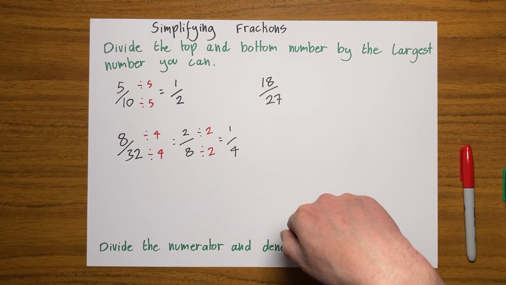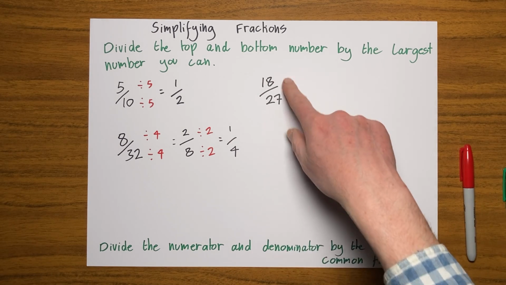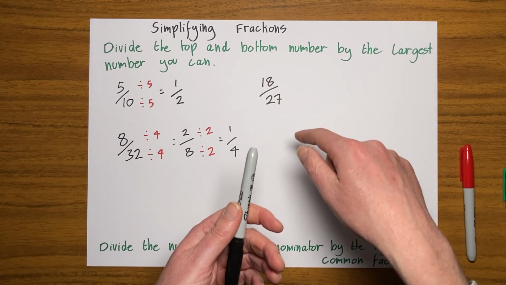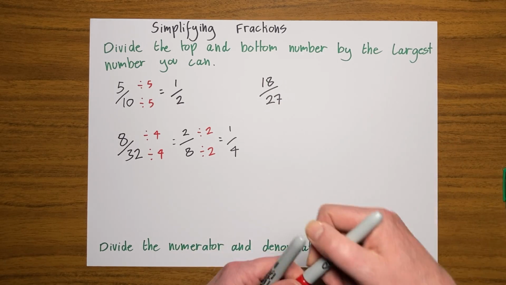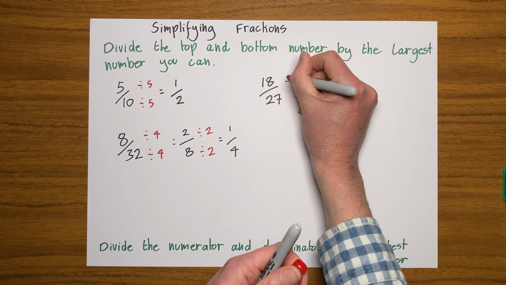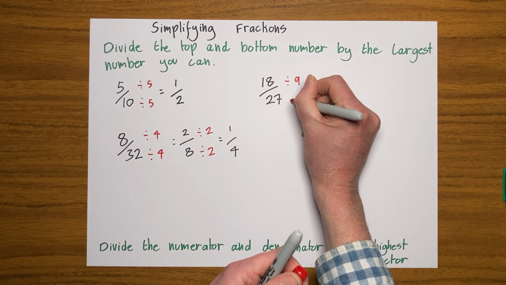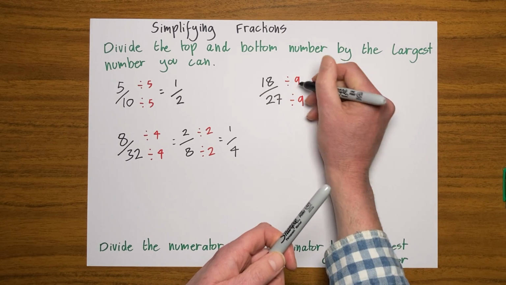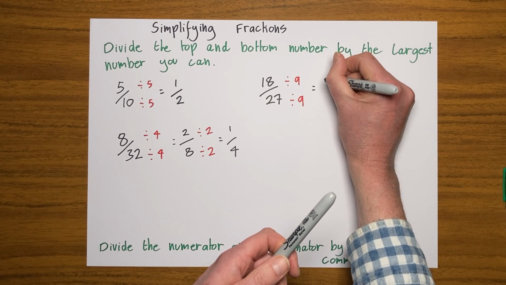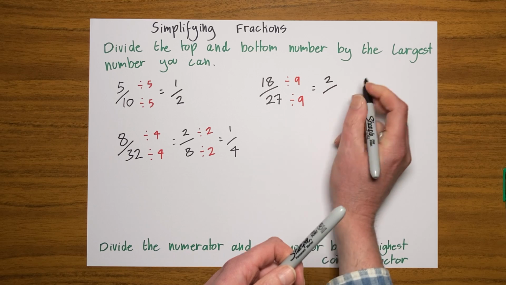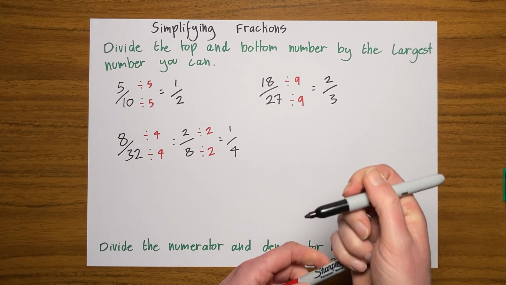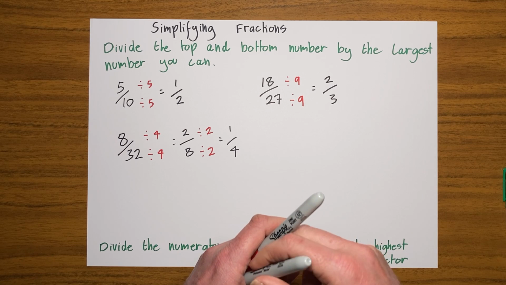So I can look at this and I know straight away that 18 and 27 are both in the 9 times table. So I can divide them both by 9. 18 divided by 9, and remember I've got to do the same with the bottom, is 2. 27 divided by 9 is 3, so 18/27 is the same as 2/3.